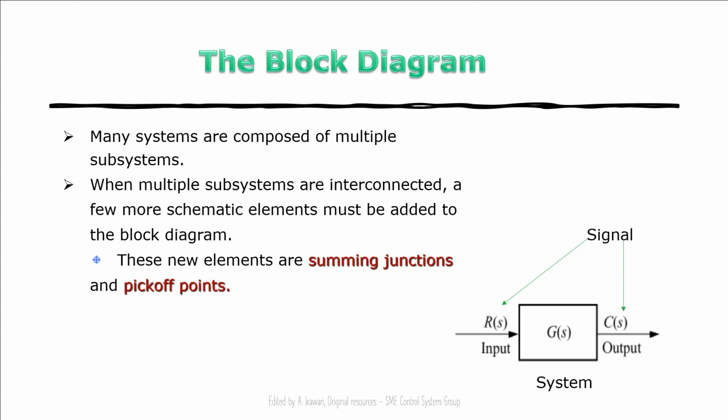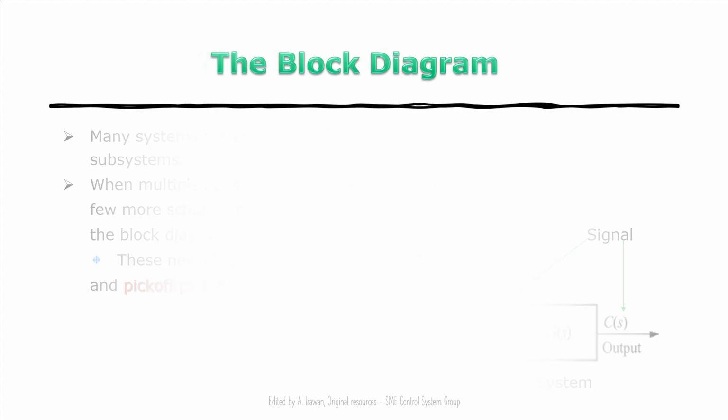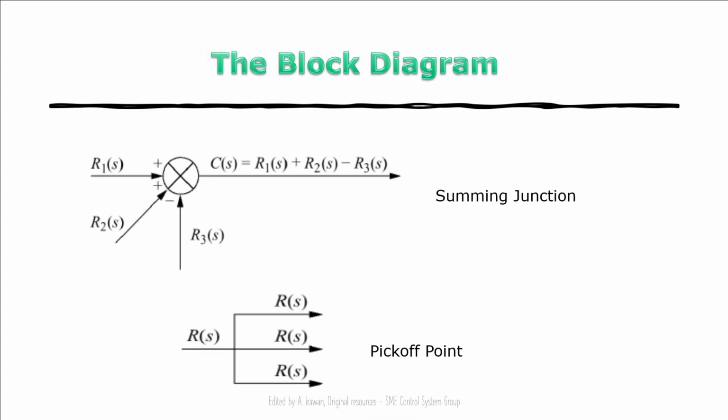The two elements that need to be focused on in block diagram simplification are the summing junction and the pick-off point.